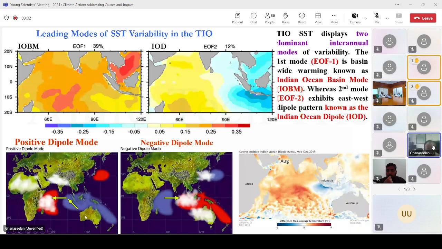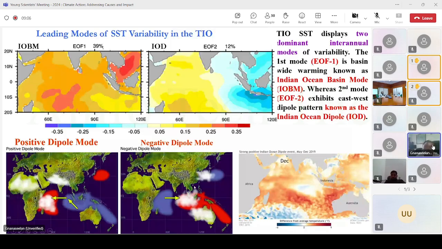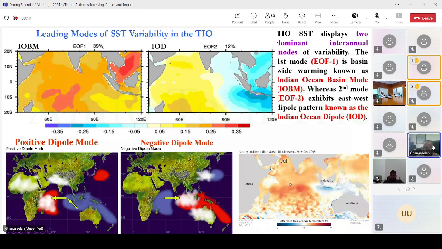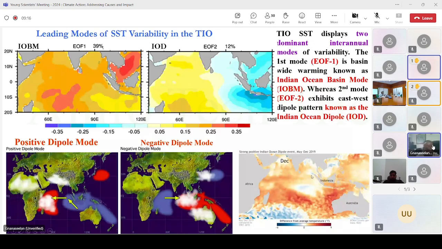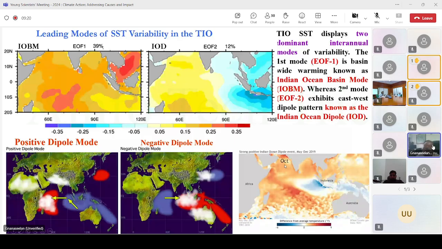Similarly, the opposite happens in the negative dipole phase, and the animation is the recent 2019 IOD event from its developing stage in June, July, August, September, October, November. This is a typical pattern of an IOD.